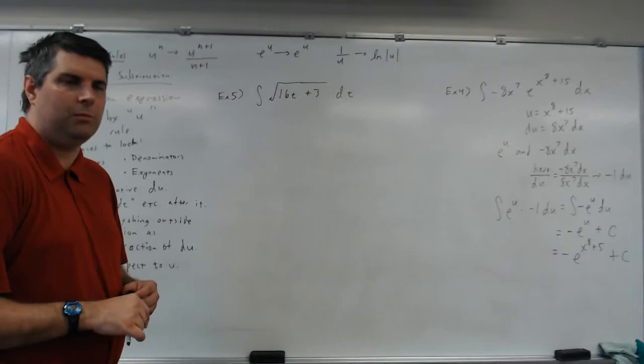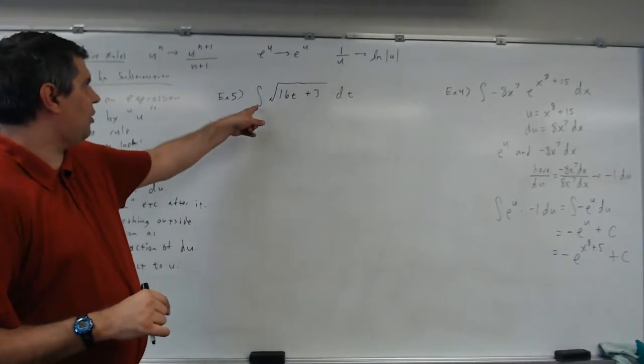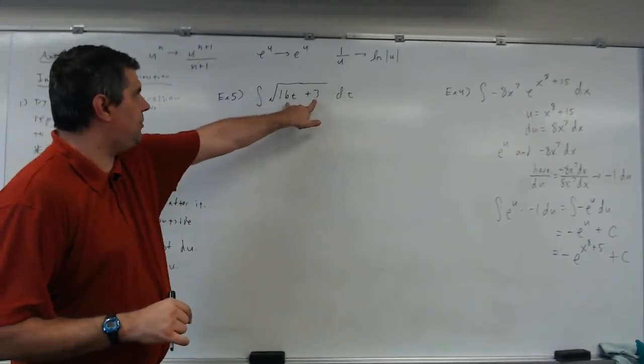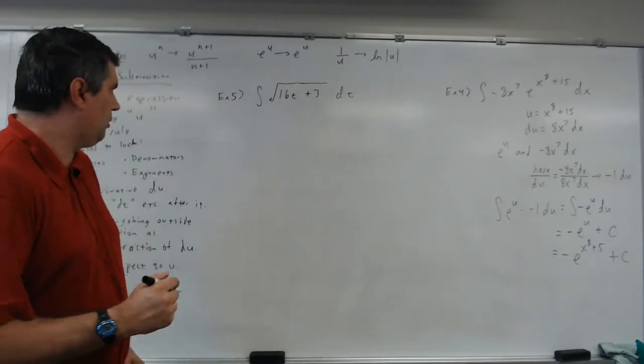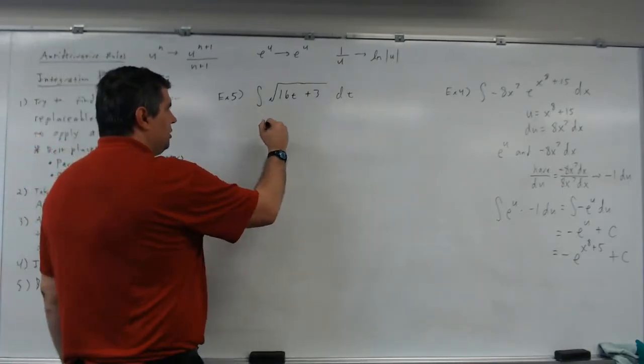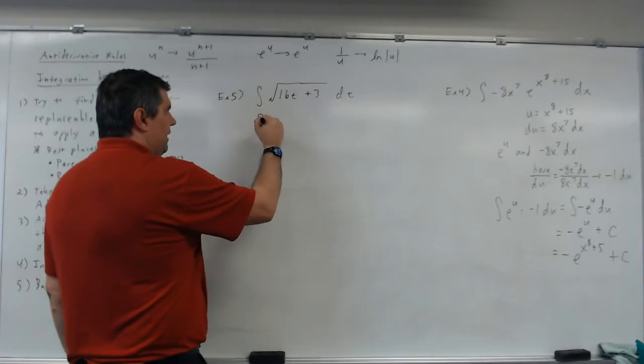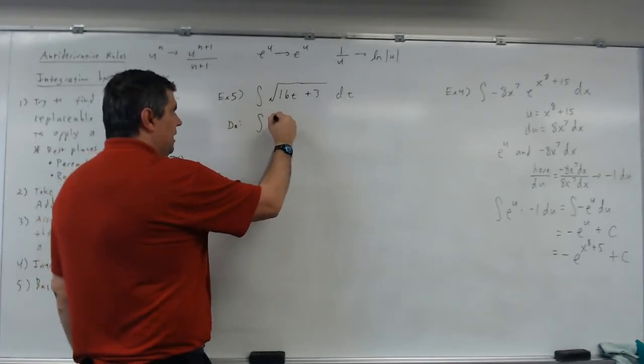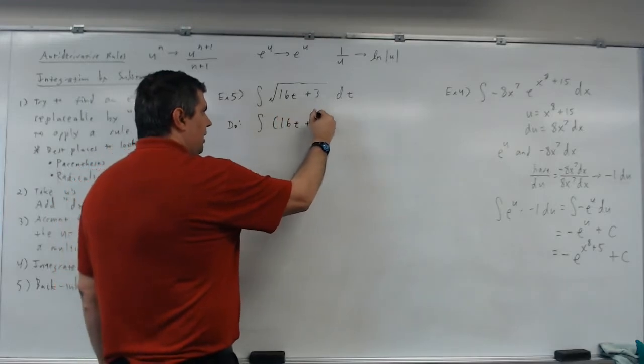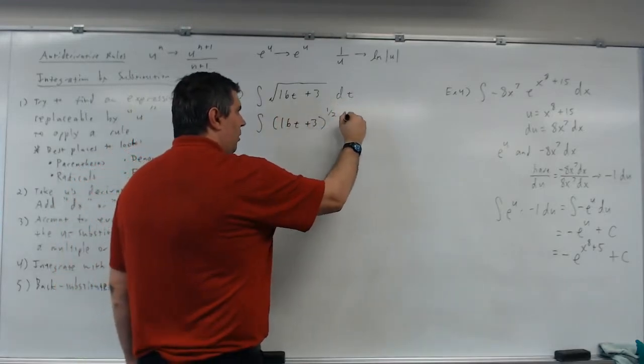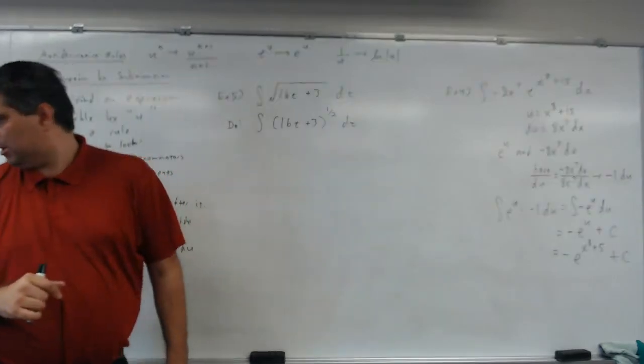Okay, now I have the integral of the square root of 16t plus 3 dt. So what I'm going to do is rewrite this as the integral of 16t plus 3 to the 1/2 power dt.